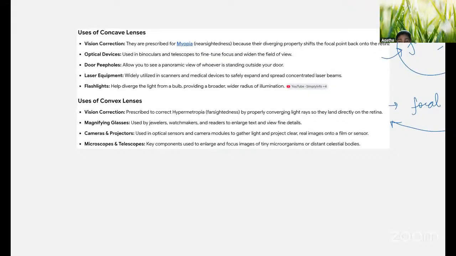Can we use a torch to test which lens is concave or convex?